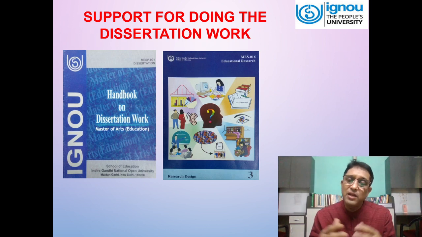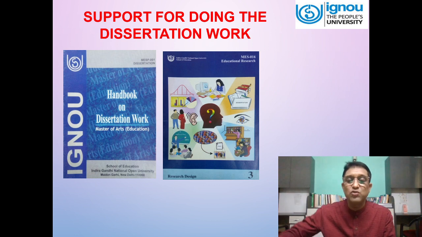And sampling also, how you can do sampling, what methods you are supposed to use for conducting your study, and what statistical techniques you will use for analyzing the data. So friends, these are the theoretical constructs that you will study from this course MES 016, educational research.